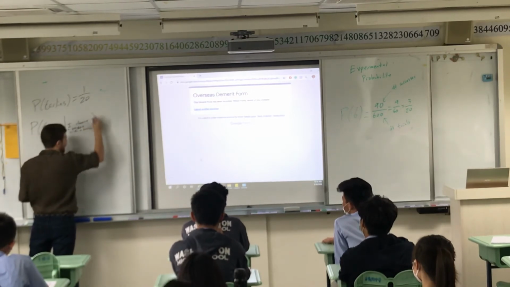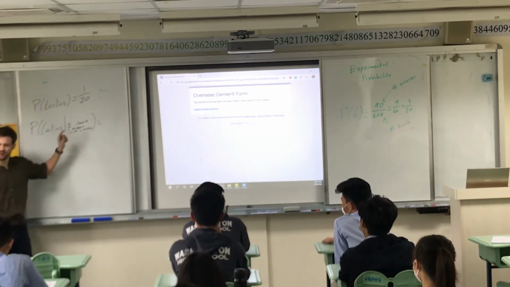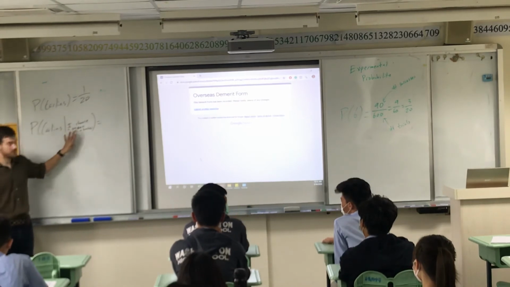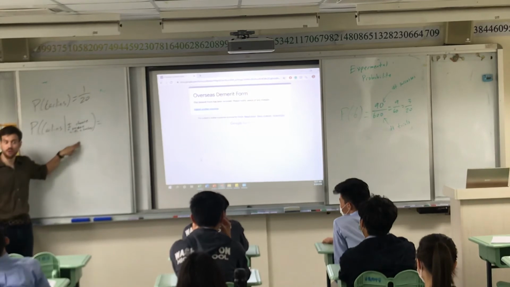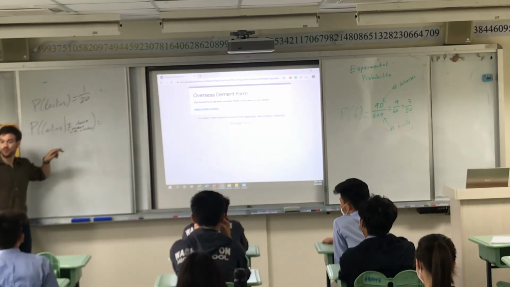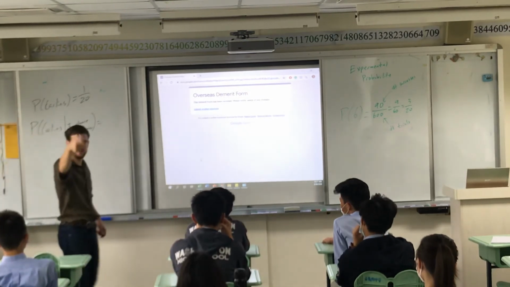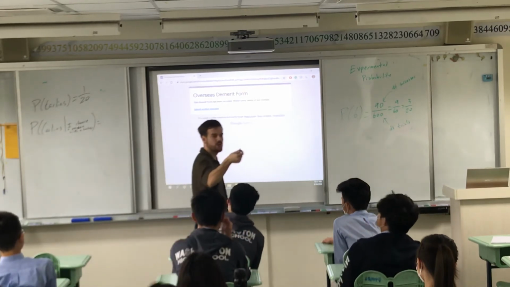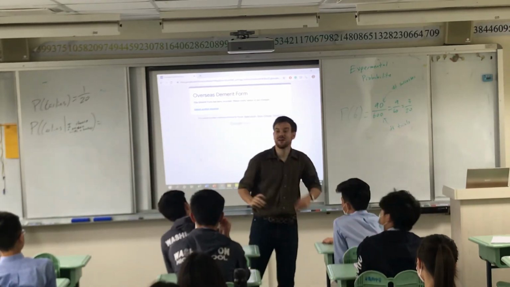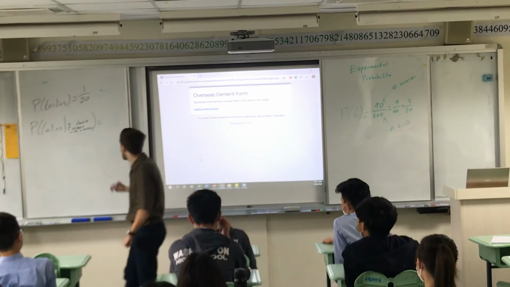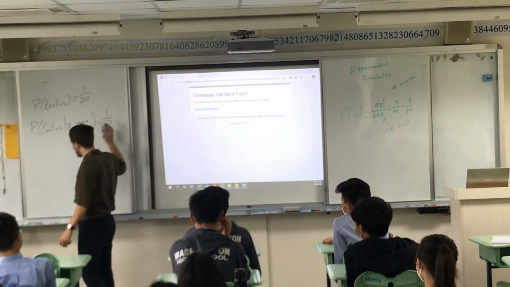This is not a formal way to do this, but just for you guys to understand. My condition is I choose somebody with a sweater. 1, 2, 3, 4, 5, 6, 7, 8, 9, 10, 11, 12, 13, 14, 15, 16, 17. 17 people have sweaters. So the probability is 1 out of 17.